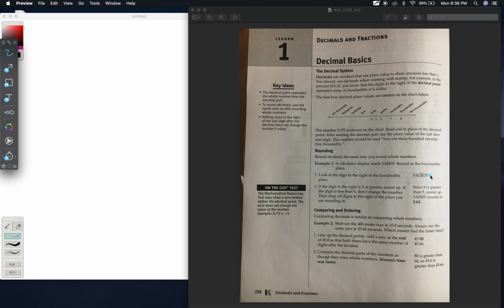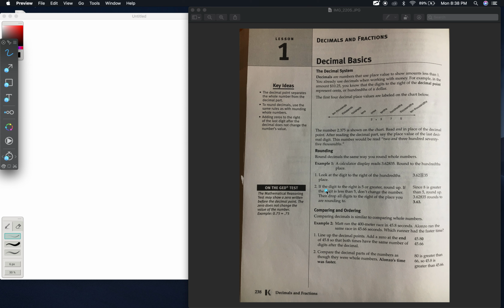But if it was 10 zeros and then a 1 at the end, you couldn't drop them, because that 1 indicates there's more to the value of the number. Or if this 8 was a 0, you couldn't drop from the 0 on, because it has this 3 and this 5, which indicate more value to the number.